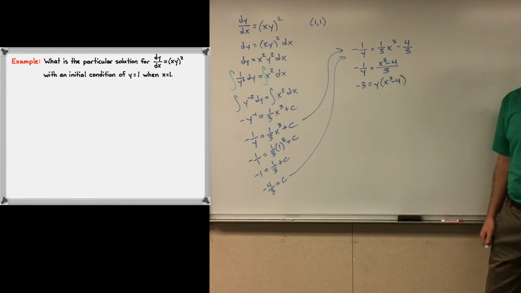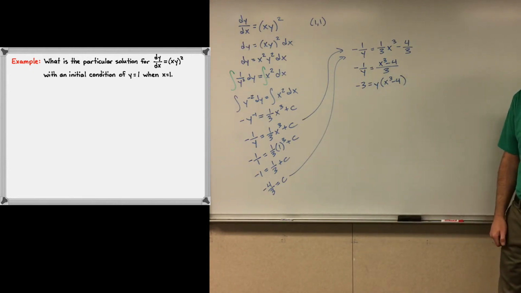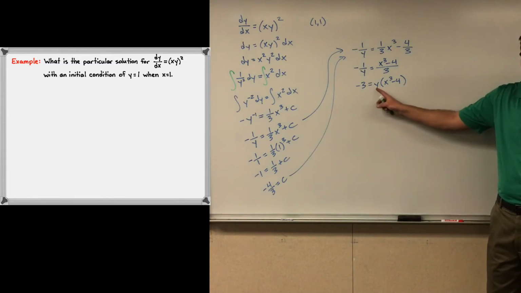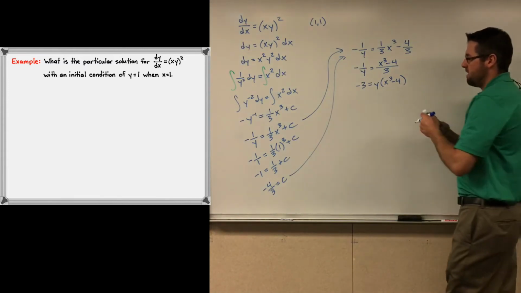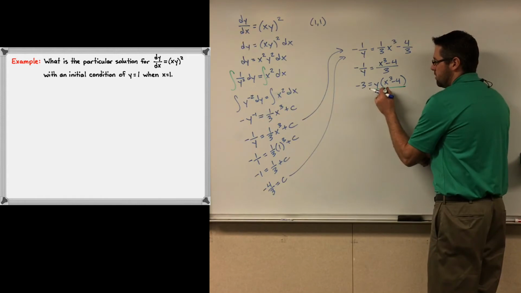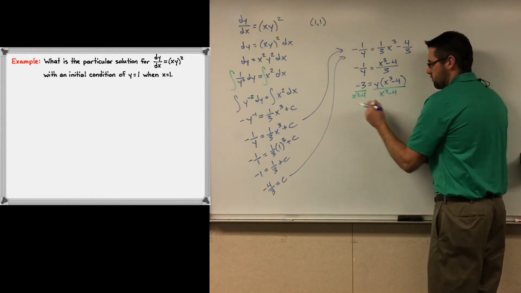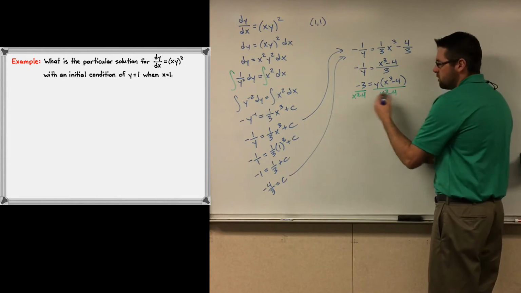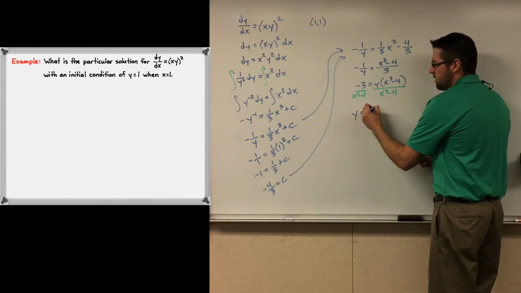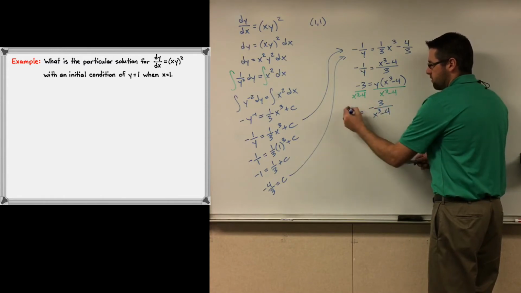I don't want to distribute because I'm trying to get y by itself, right? So we'll divide both sides by x cubed minus 4. So you end up with y equals negative 3 over x cubed minus 4.